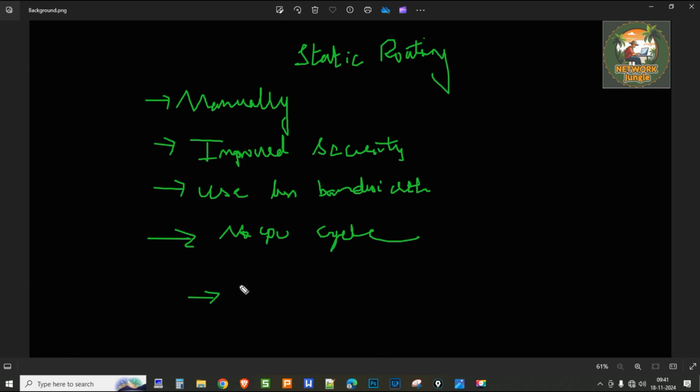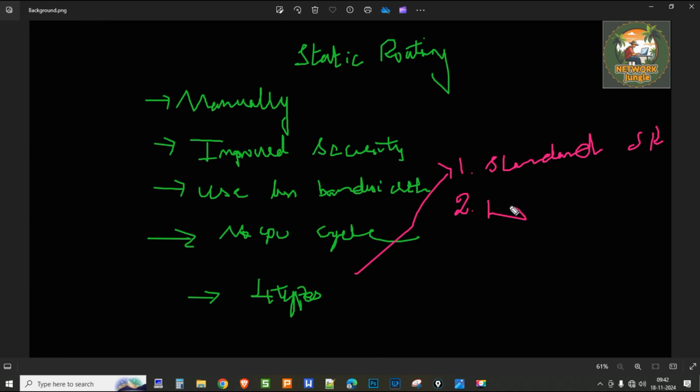We can see static routing in four types. First one is the standard static routing. Second one is the default static routing.